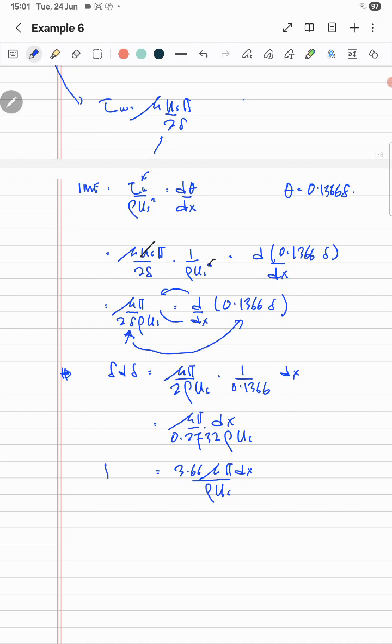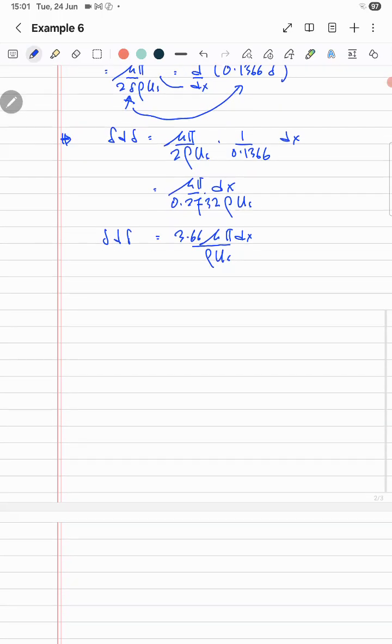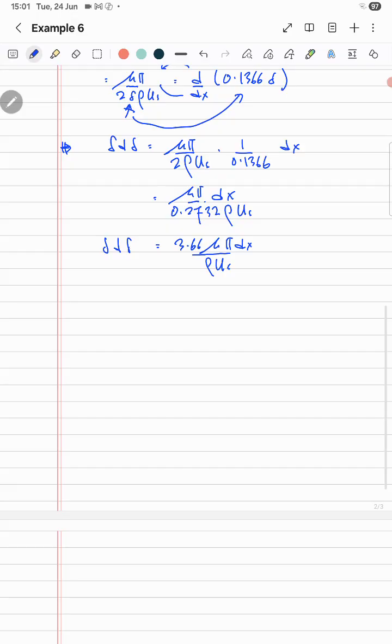Okay, so this one is δ dδ. From here we have to differentiate dδ and dx, and we can integrate both sides. The integration of δ dδ equals the integration of 3.66 μπ dx over ρU∞.